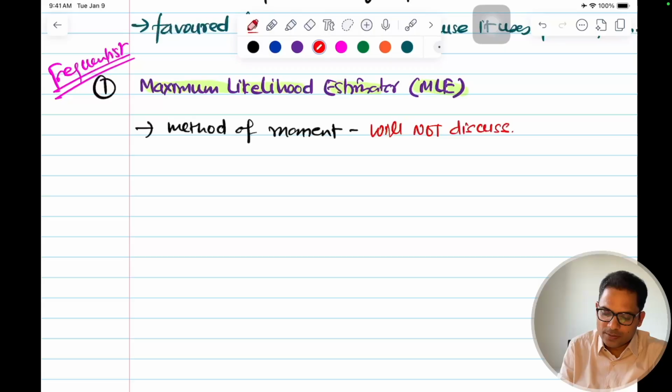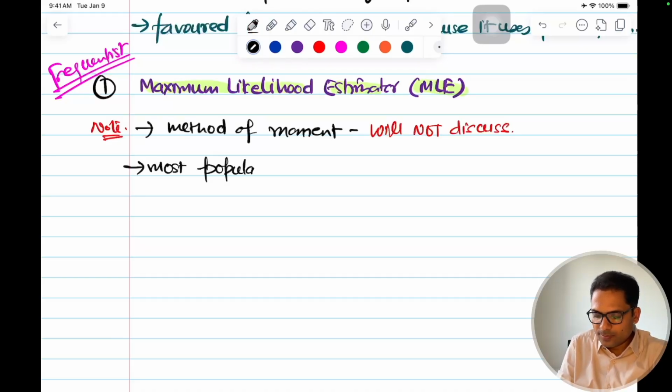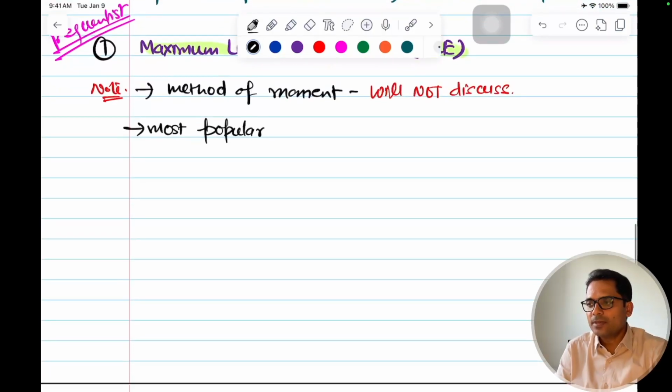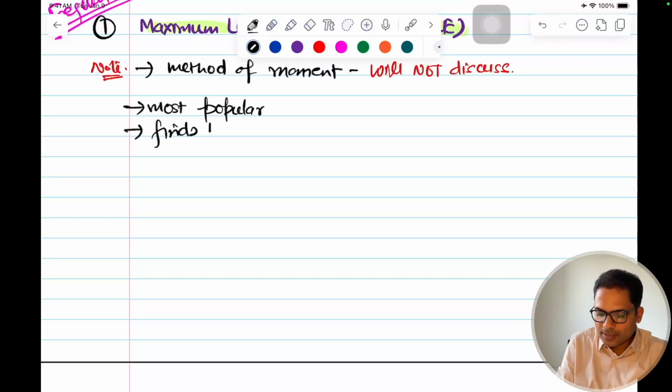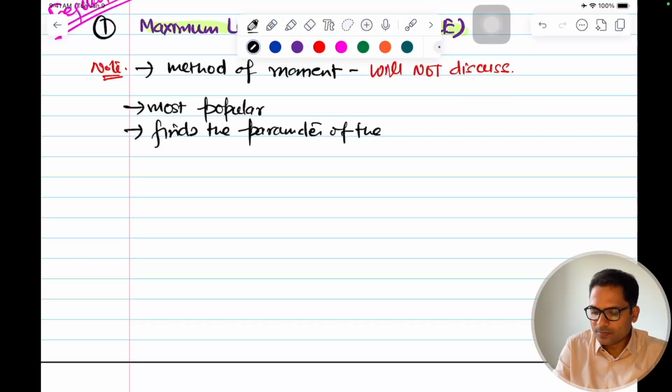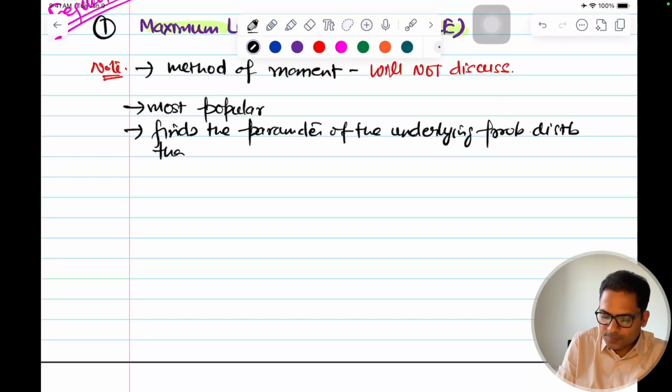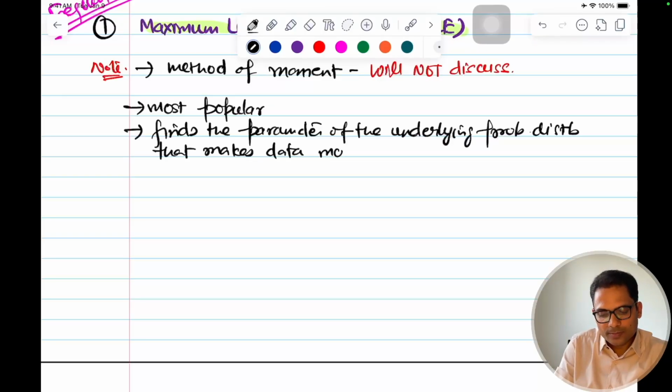Why am I discussing this? Just a note: MLE is the most popular frequentist approach for model parameter estimates. As I mentioned, this finds the parameters of the model, or of the underlying probability distribution, that make the data most probable.